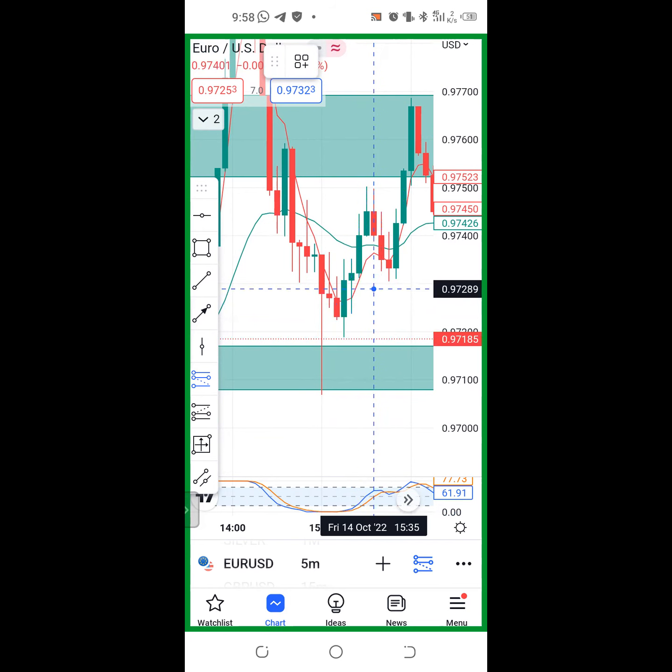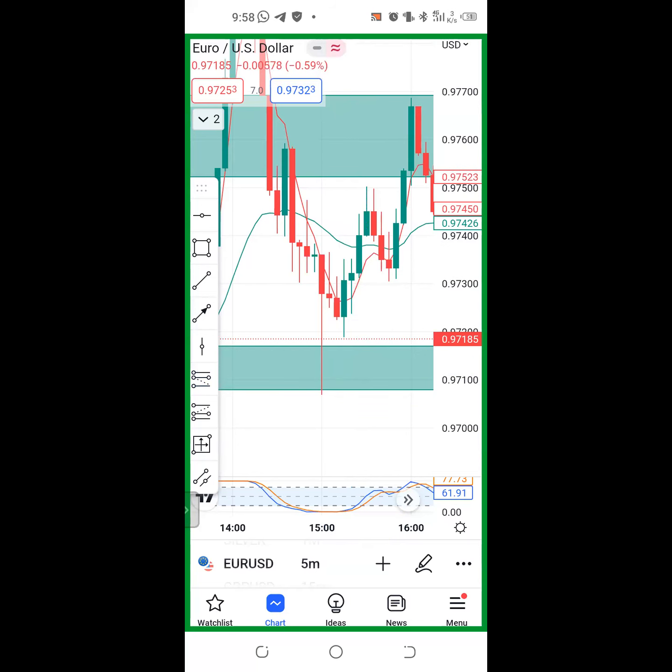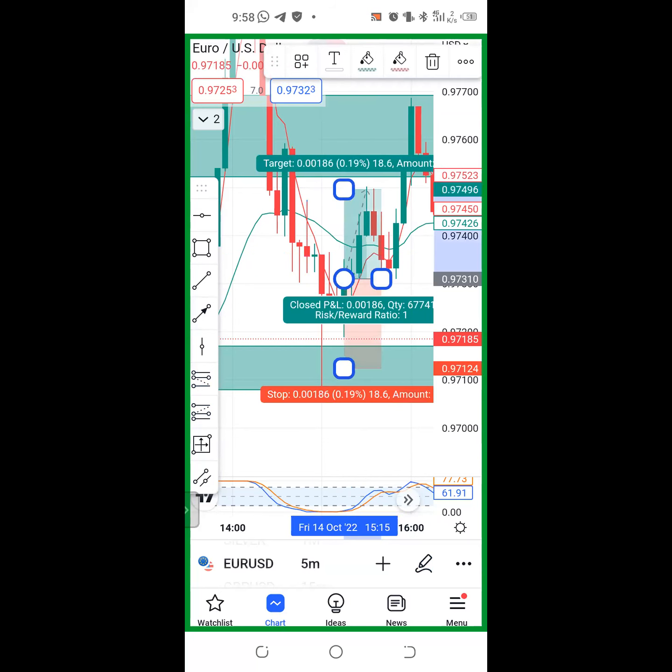So when you see this green candle now, a bullish engulfing, what do you do? You quickly take your entry. So you drop your entry here, and the stop loss. Sorry, that's for a downtrend. So you drop it here.